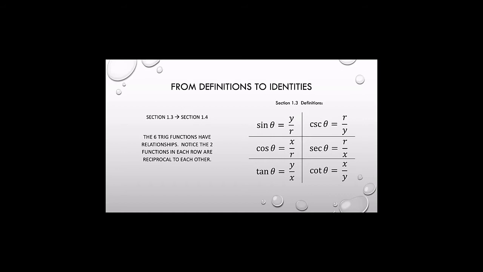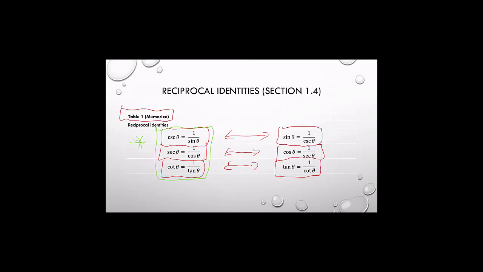The rows have the reciprocal relationship as we just were saying, but also on the left here, these 3 functions, sine, cosine, and tangent, are really the stars of the show when it comes to trigonometry. So what we want is for the functions on the right to point back to the stars of the show, sine, cosine, and tangent on the left. The way that they point back is through the reciprocal identities.